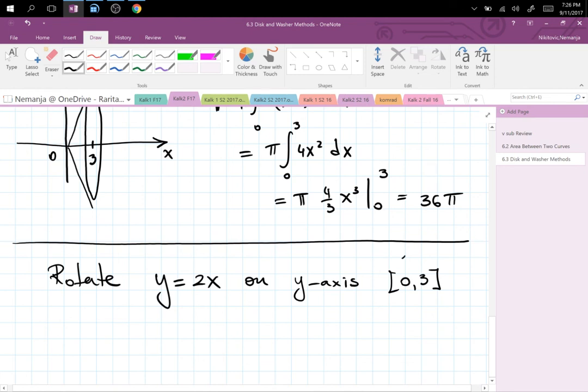Now these are x values. Observe that I am using the same function, the same x domain, but now I'm rotating on y instead of x. If I'm rotating on y, what integral do I have to use? Other one. Yes, the other one. dy, okay, fine. All right, use the other one.